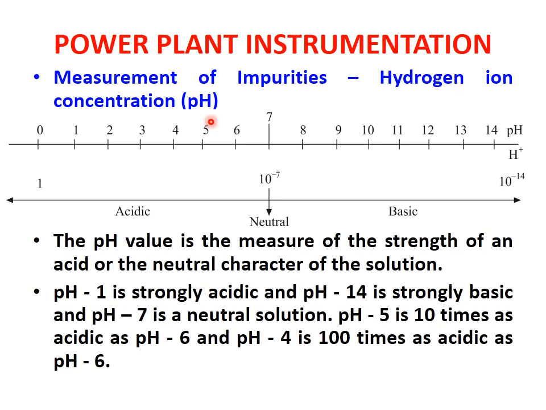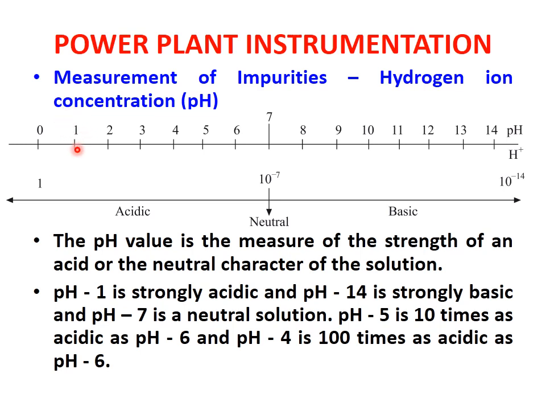The addition of acids reduces the pH value, so the pH value is lower if the acidic content is more. The pH value is the measure of the strength of an acid or the neutral character of the solution. pH 1 is strongly acidic and pH 14 is strongly basic.